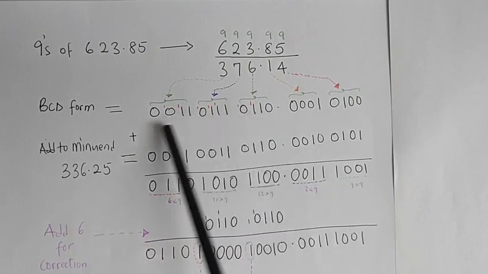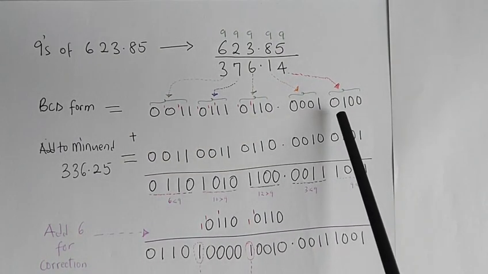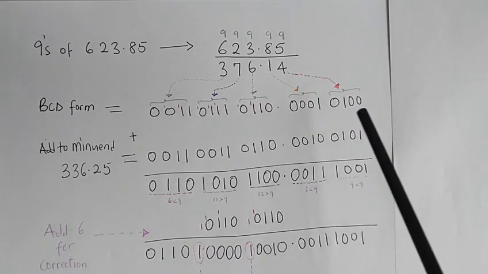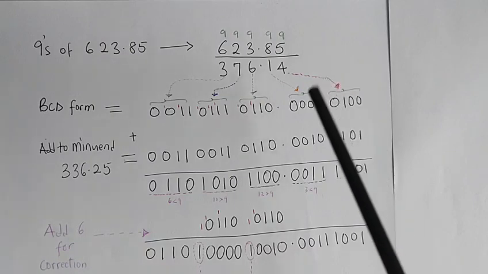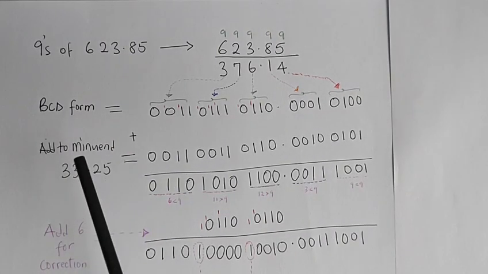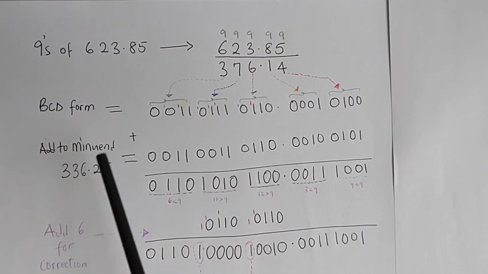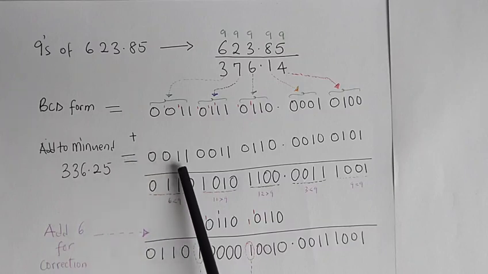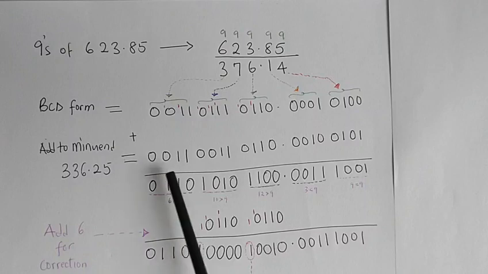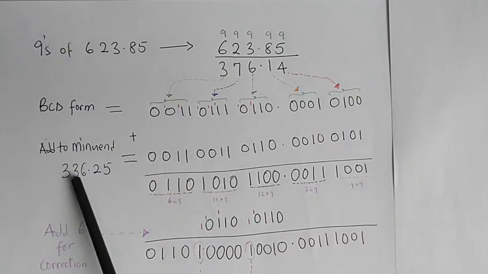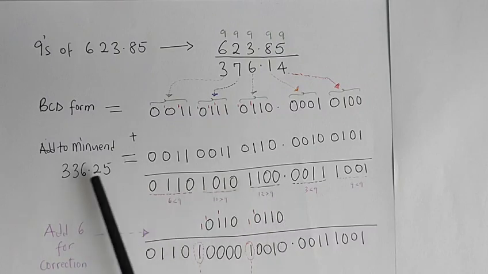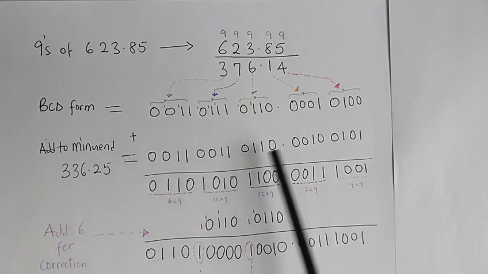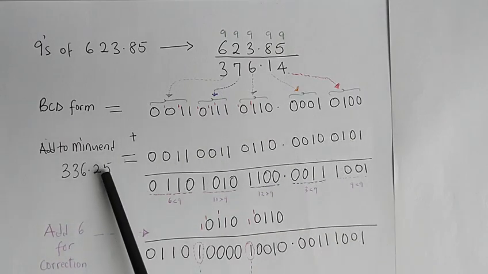Once we have this, the next thing we need to do is to add this result to the minuend. So we also need to convert the minuend to BCD form so that we can carry out this addition operation successfully. The BCD of the minuend is going to be 0011, that is 3, 0011, which is the second 3, 0110, which is 6, dot, 0010, which is 2, and finally 0101, which represents 5.